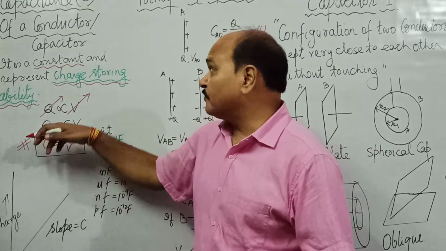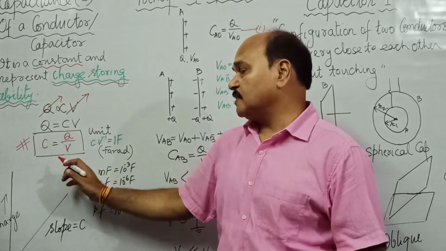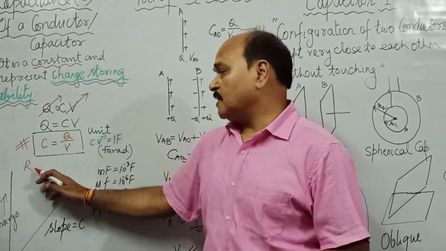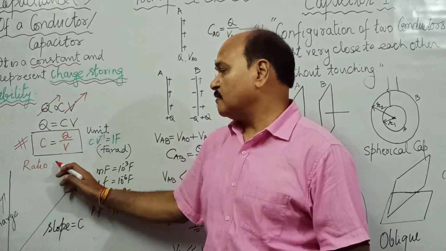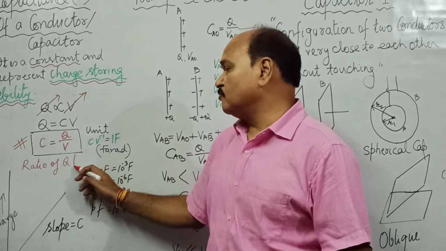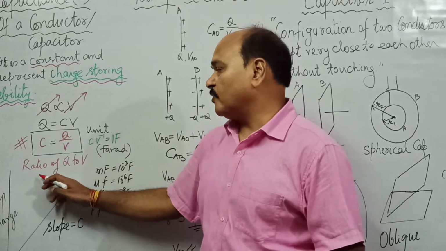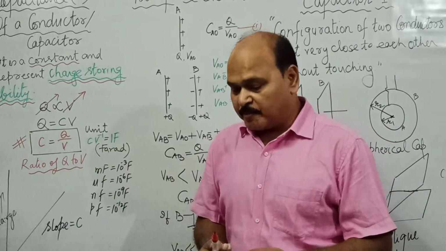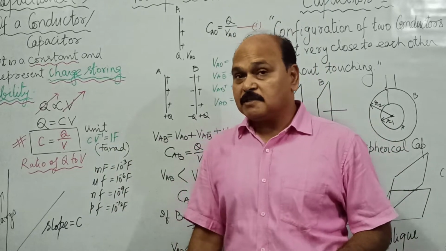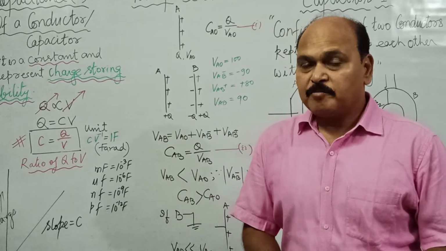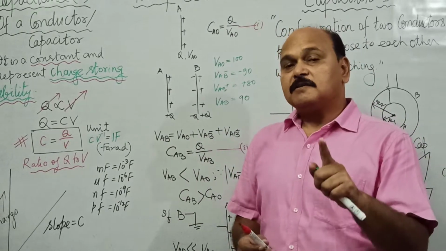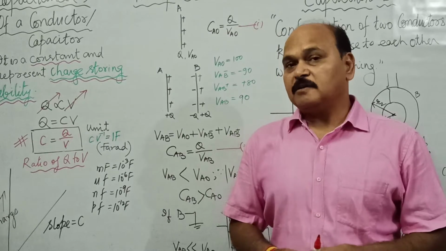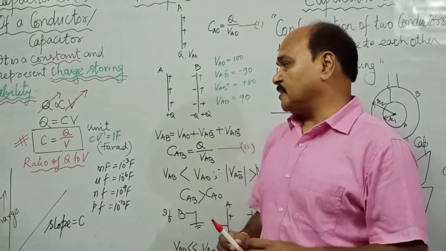When you are asked to define capacitance, you have to write this: capacitance is the ratio of charge to potential for a conductor. So capacitance of a conductor or capacitor is, of course, its charge storing ability, but it is defined as the ratio of charge to potential for a conductor or capacitor.